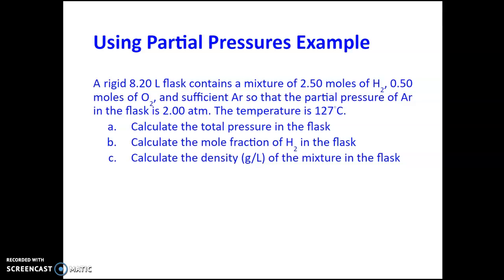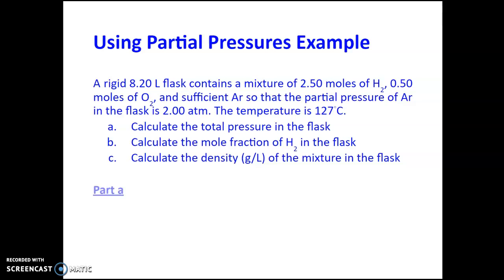So first things first, it says calculate the total pressure in the flask. Well, normally I would just add all my moles together and use PV = nRT, but I don't know how many moles of argon I have. So what I'm going to do is find the partial pressure for just hydrogen gas and oxygen gas, and then I'm going to add the partial pressure of argon at the end.